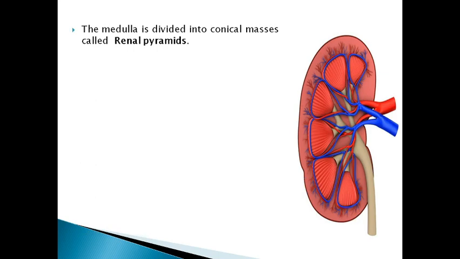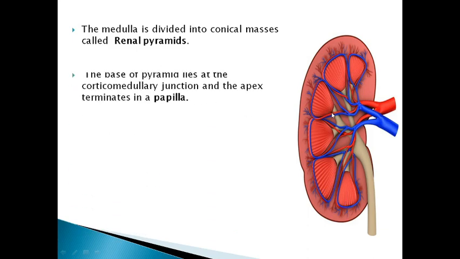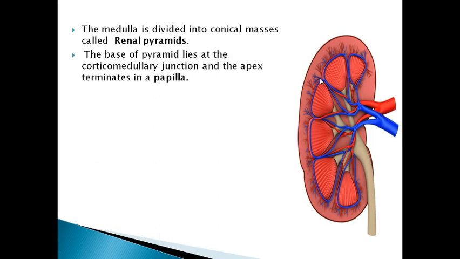Now, talking about the medulla, you can see that the medulla is divided into conical masses, and these conical masses are referred to as renal pyramids. The base of these pyramids is lying at the cortico-medullary junction, and the apex of the pyramid is referred to as the papilla.